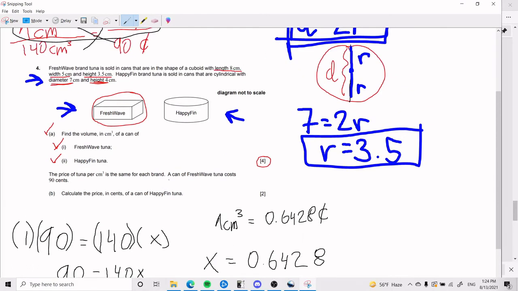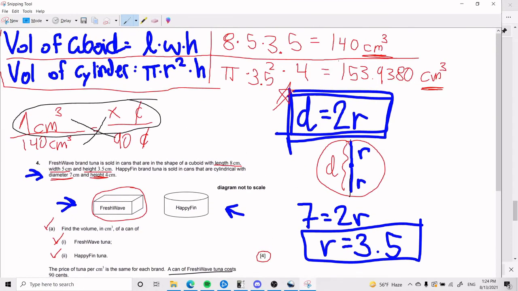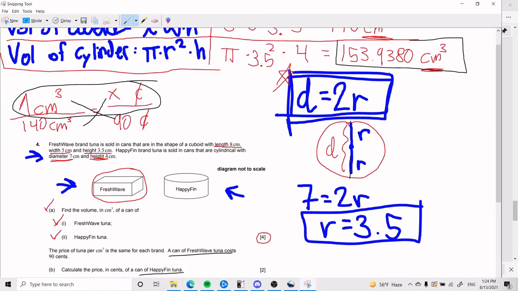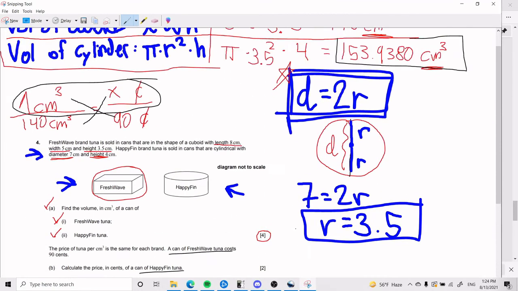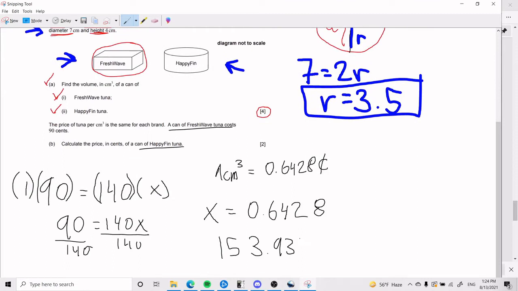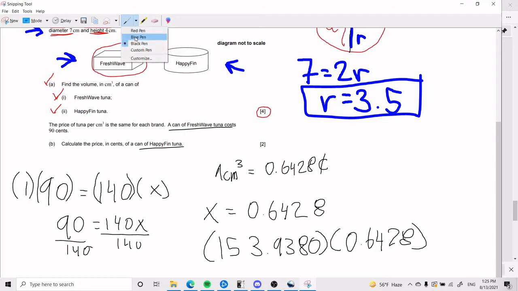And so, if for the can of Happy Fin tuna we have 153.9380 centimeters cubed, what we need to do is take that amount, the 153.9380, and multiply it by the 0.6428.